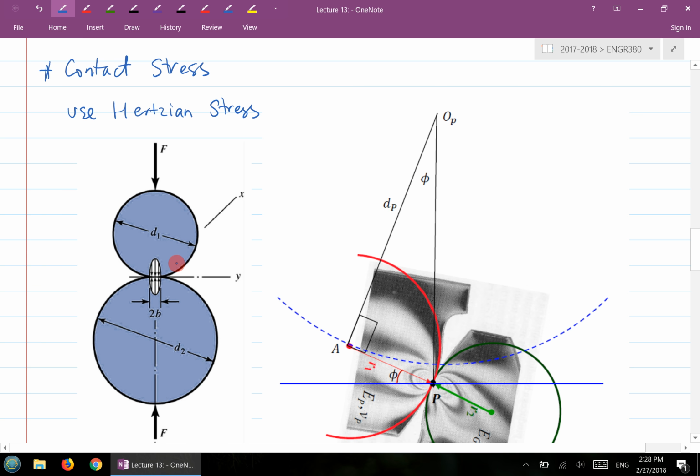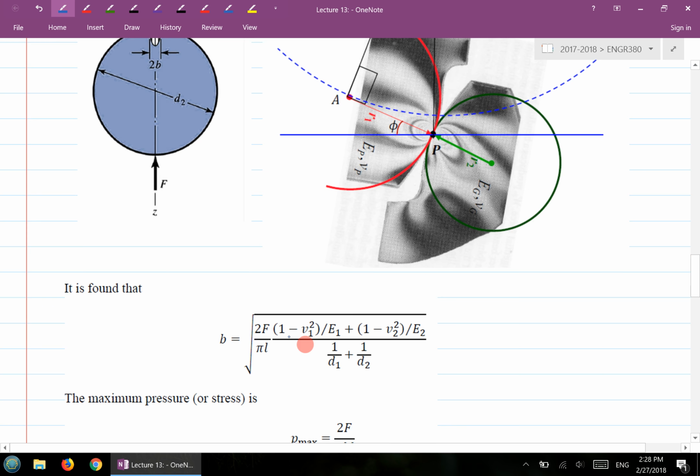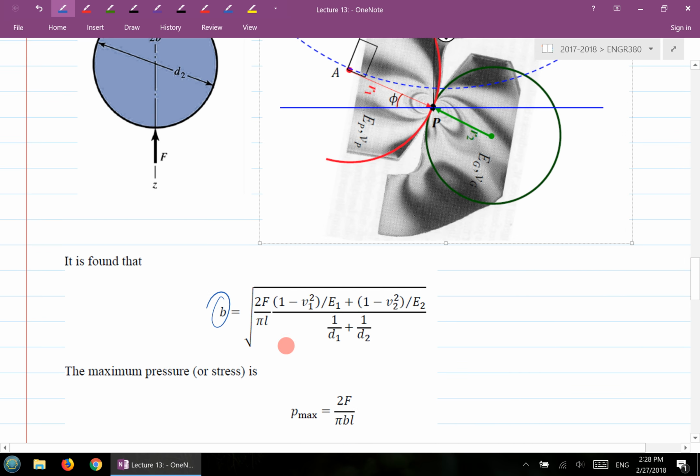So that 2b is the width of the region being compressed here. And the diameters of the two cylinders are D1 and D2. That's basically the Hertzian model, and you can derive it. It gives us this b here, which is the width, which is this formula here.